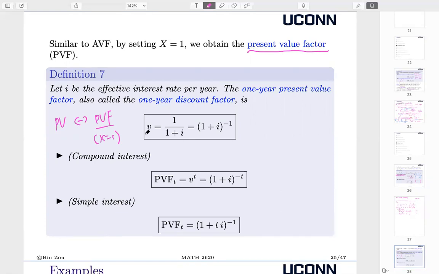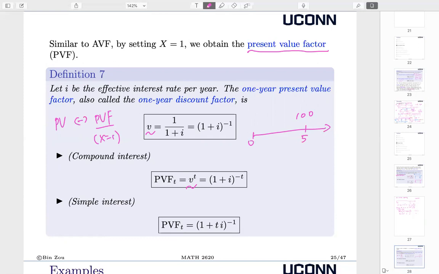This is often very helpful because in future questions we consider a lot more compound interest. With compound interest, once we define v, things become a lot easier when we do discounting, right? So with this, how am I going to discount $100 from, let's say, 5 years to 0?